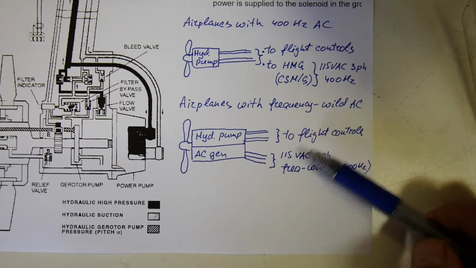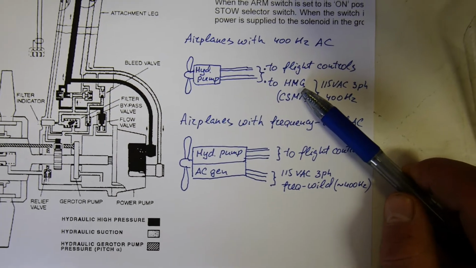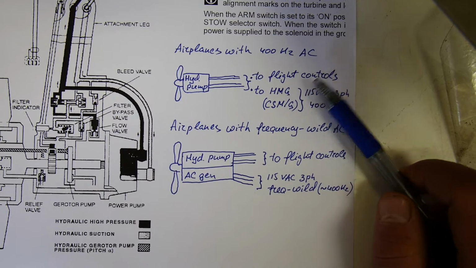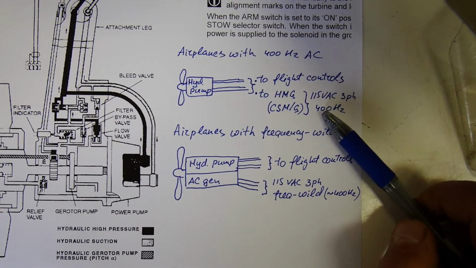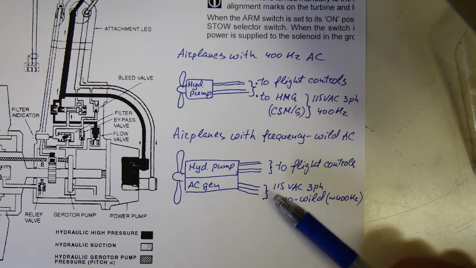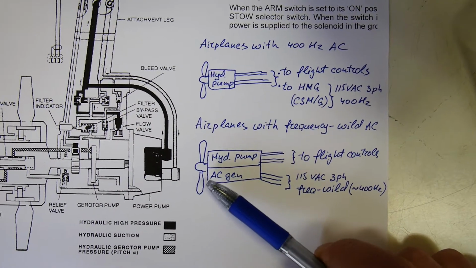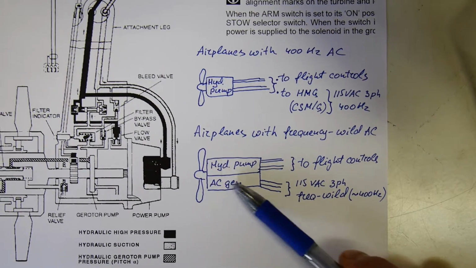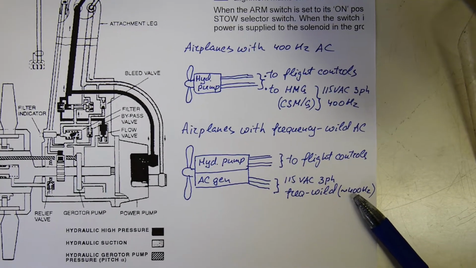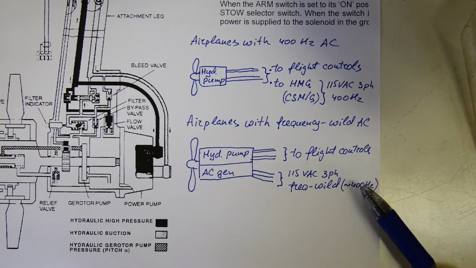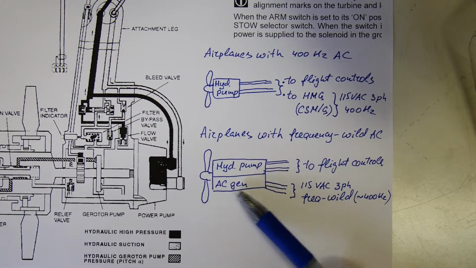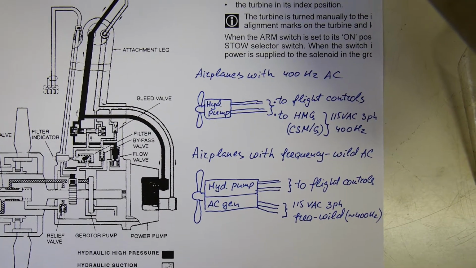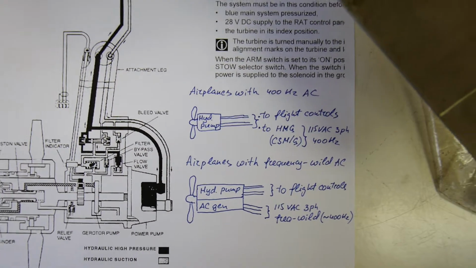The difference between this and this is that the HMG is able to keep its frequency very precisely at exactly the wanted speed, so the frequency becomes very stable. Whereas the RAT is not able to control its speed very precisely, so the frequency becomes slightly variable. And that's why we can't use this approach in airplanes with constant 400 Hz frequency.